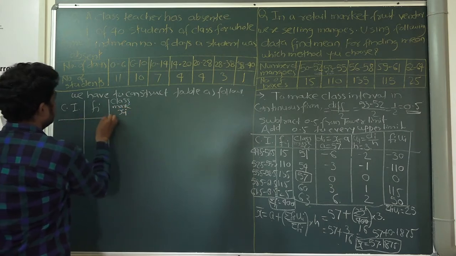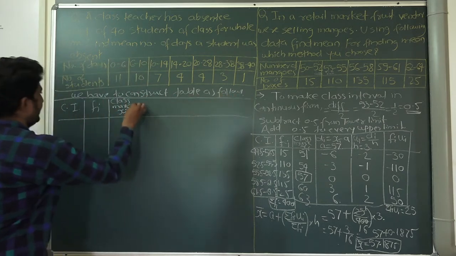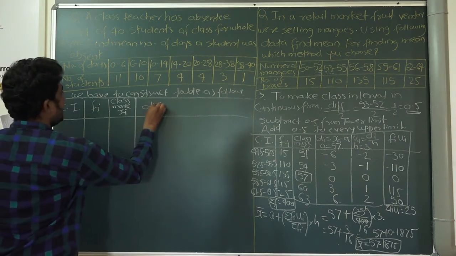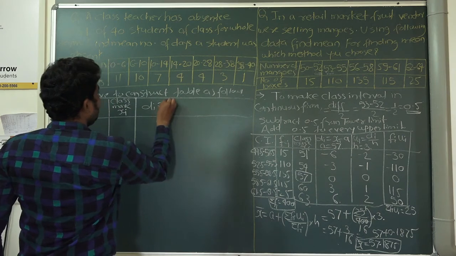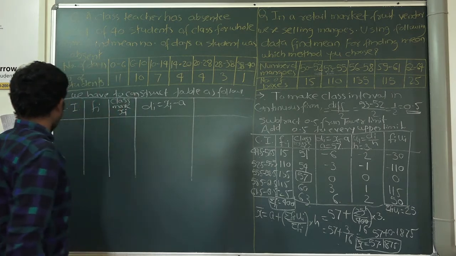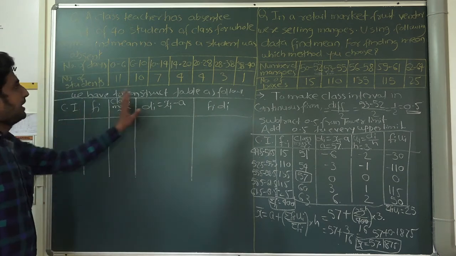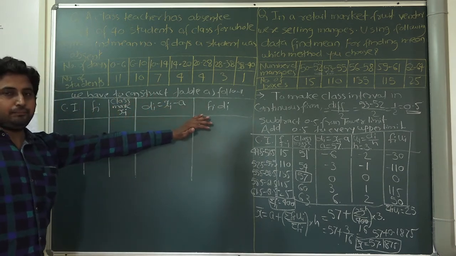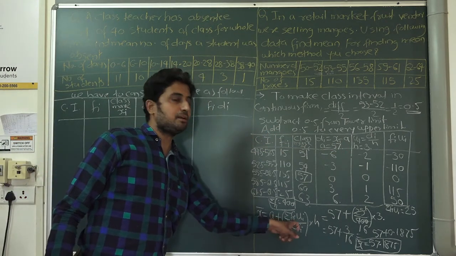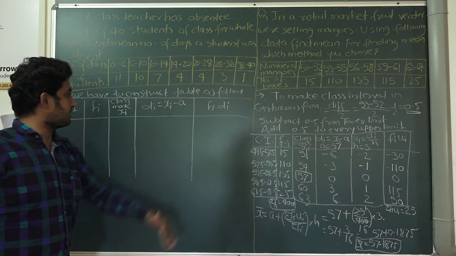The next column is di. Di is xi minus a, where a is our assumed mean. The last column is fi into di. This is our table. There is no need to find ui because the values of fi are very small, so we use the direct method.